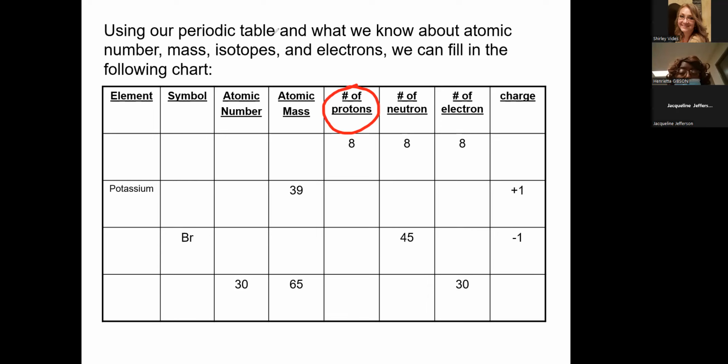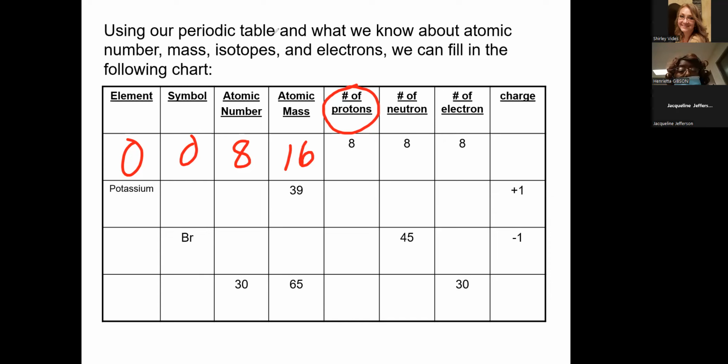If it's 8, all you have to do is look in your periodic table for element number 8, and you see that this is oxygen. I'm not going to write the word oxygen on there, so I'm just going to write the symbol. The atomic number in this case is 8. The atomic mass, if you look at oxygen, is 16.